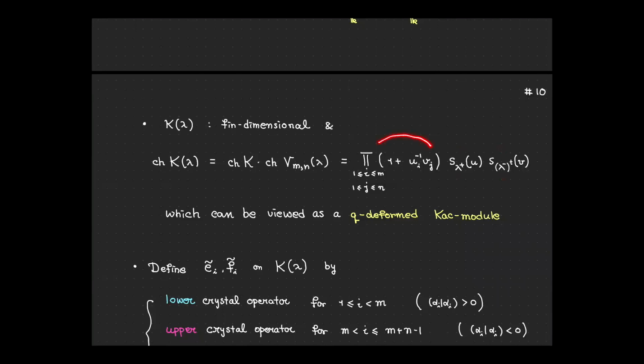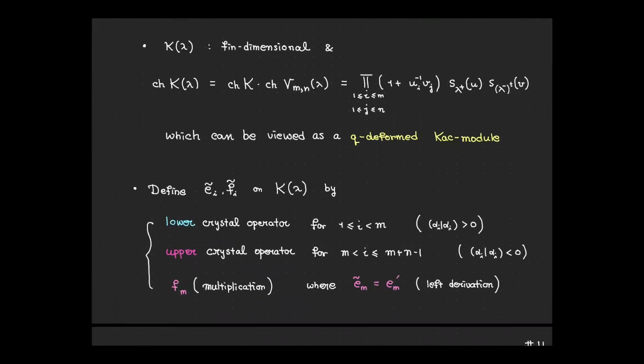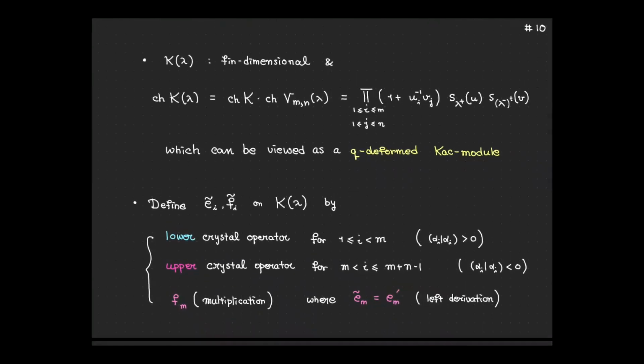And that product part is the character of our subalgebra K. Okay, so it can be viewed as a so-called Kac module. So let me call it the Q-deformed Kac module.